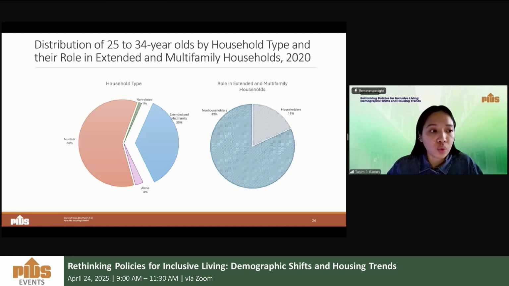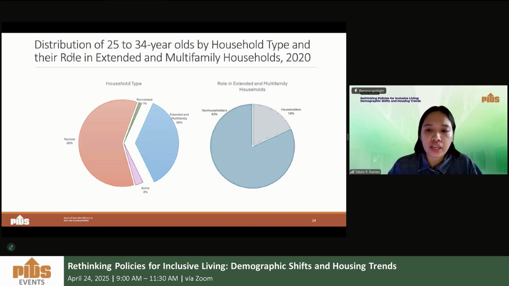before we jump into the presentation of the regression results, I would just like to give you an overview on the distribution of the 25 to 34-year-olds by household type and their role in extended and multifamily households in 2020. So you are seeing on the figure that around 36% of those individuals were actually already in extended and multifamily households.